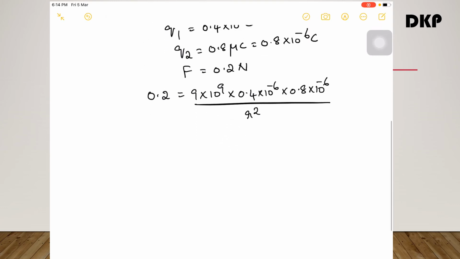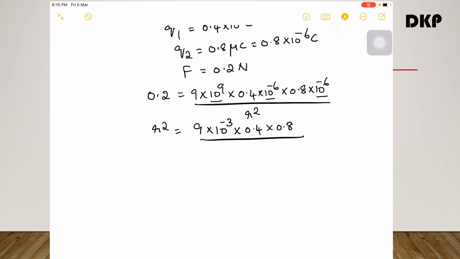Now we have to find R. Therefore, R square is equal to 9 into, you can solve this, 10 to the power of minus 6 into 10 to the power of minus 6 is 10 to the power of minus 12 into 10 to the power of 9 is 10 to the power of minus 3 into 0.4 into 0.8 upon 0.2. Now you can cancel the 0.2 into 2, which is equal to 9 into 10 to the power of minus 3 into 2 into 0.8 is 1.6.